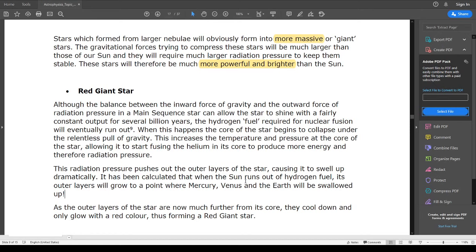It will be so huge. That's what's going to happen when the sun runs out of hydrogen. But lucky for us, when is the sun going to run out of hydrogen? Many millions or billions of years from now.